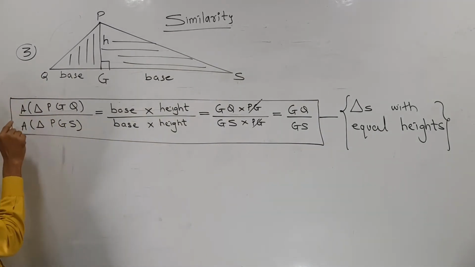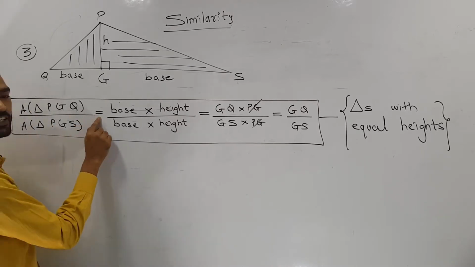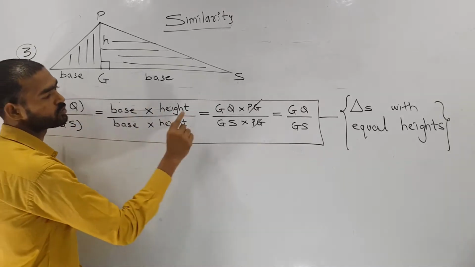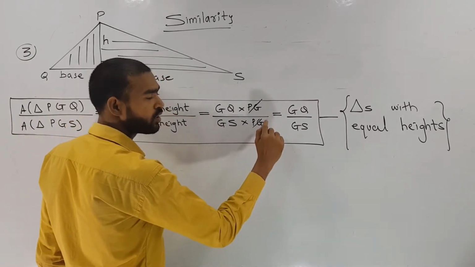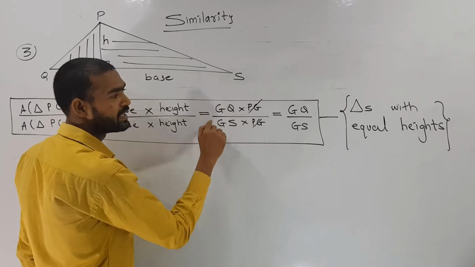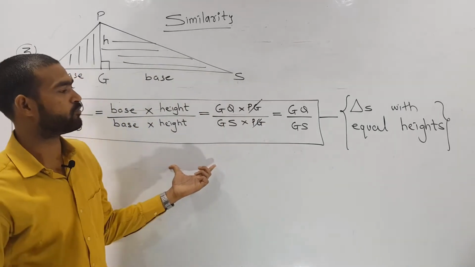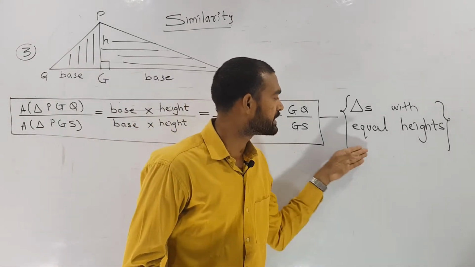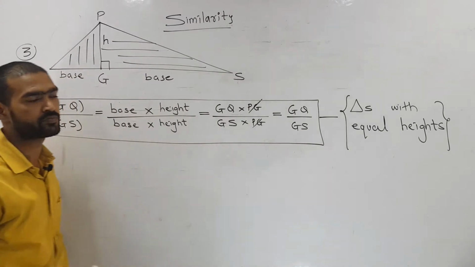Ratio of areas of two triangles is equal to the ratio of their corresponding bases. And when will we apply this property? If both the triangles have equal height. Clear, students?